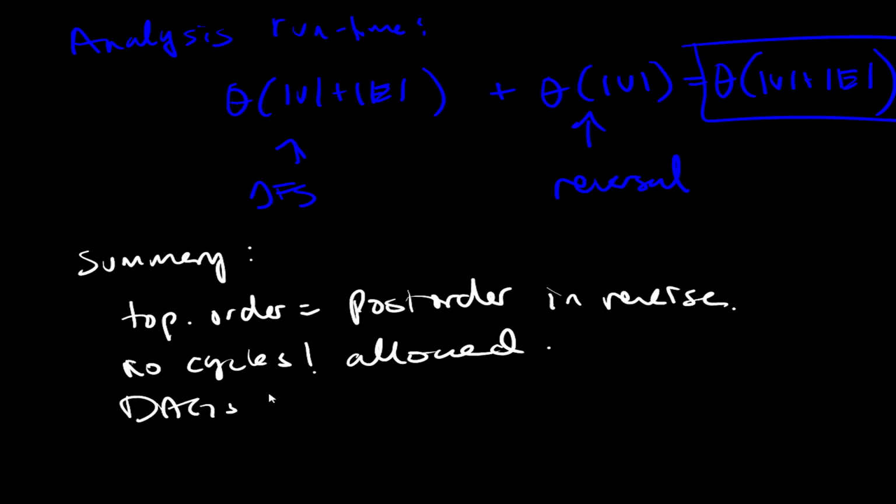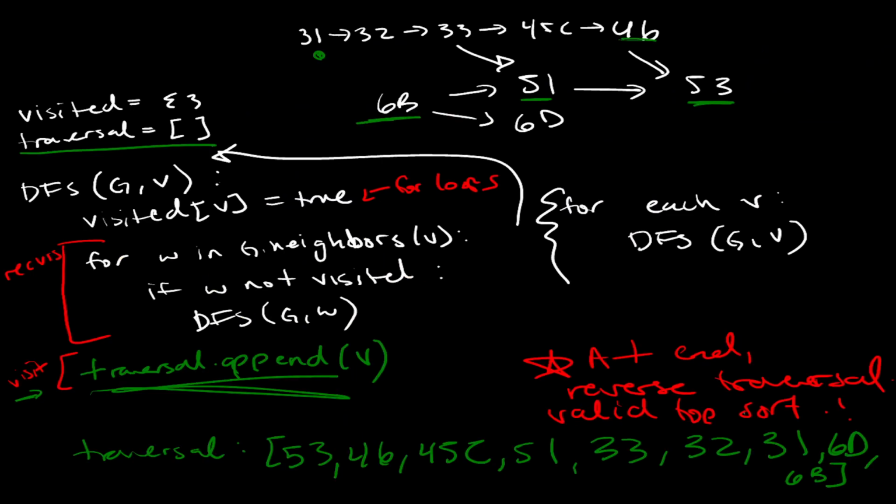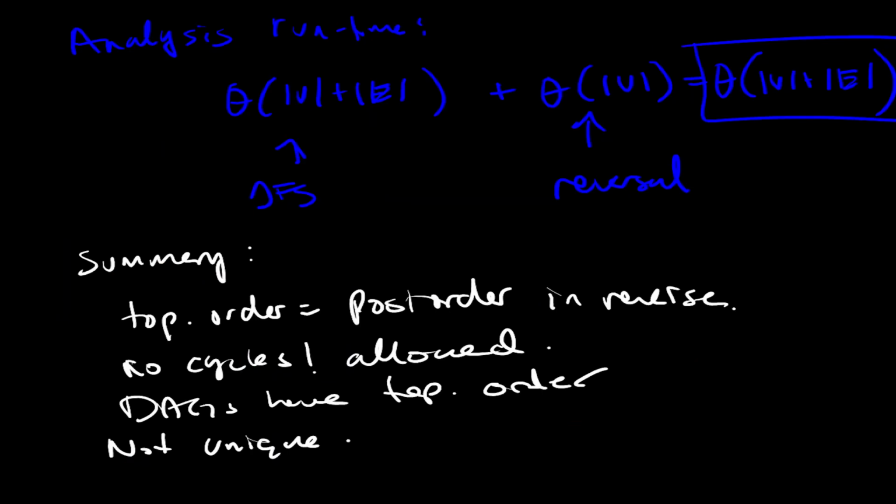DAGs have a topological order, and it's not unique. No topological ordering is unique unless your graph is one path. If you have a strict ordering like that, then it is unique.